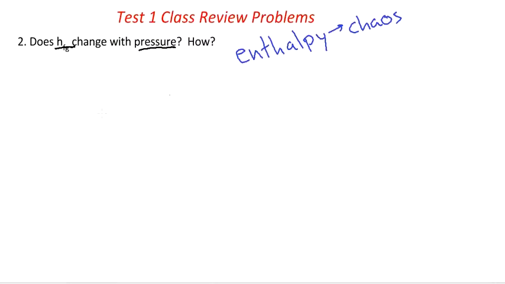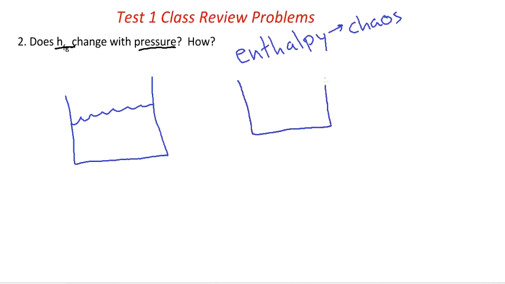So a really simple way to test the pressure change in a system is to consider the matter as a liquid and the matter as a gas. Let's just label it like this. So we have a gaseous fluid of some sort.